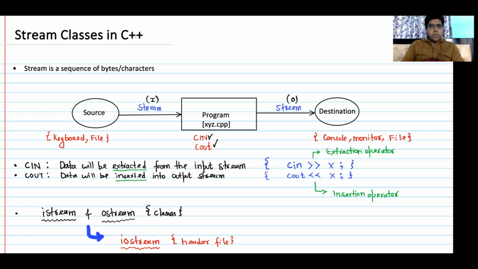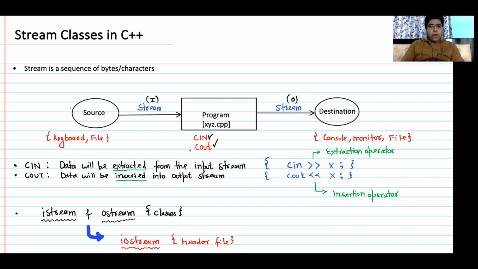In case of cin, you take the input from the keyboard. So the keyboard would become the source, and the data taken from the keyboard would be converted into the input stream. The program would take that data, perform some logic over it, and let's say the program would be storing or displaying that data over console.